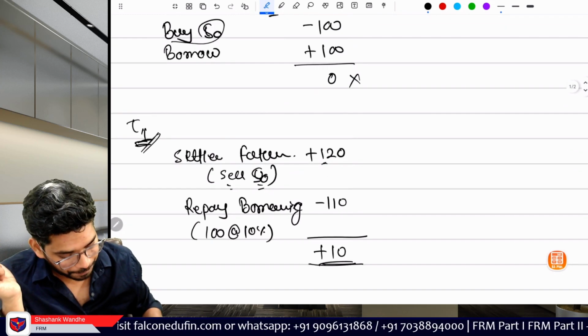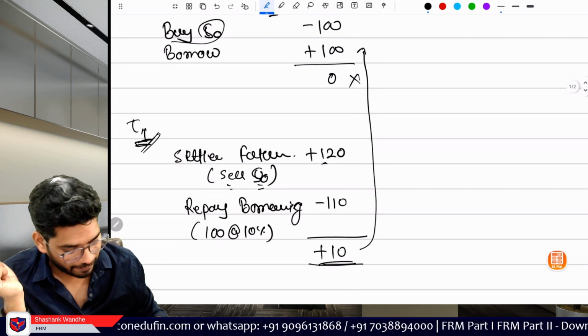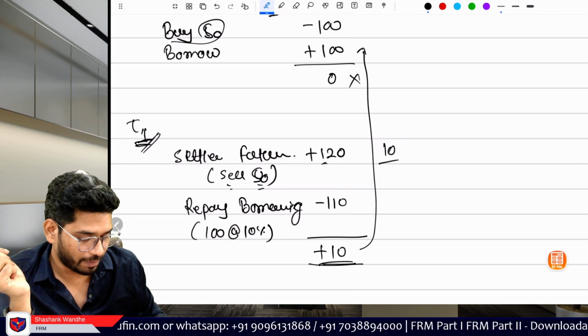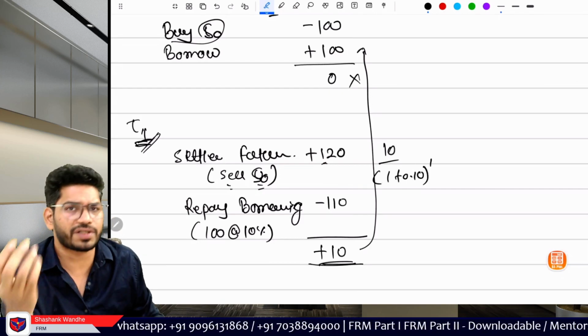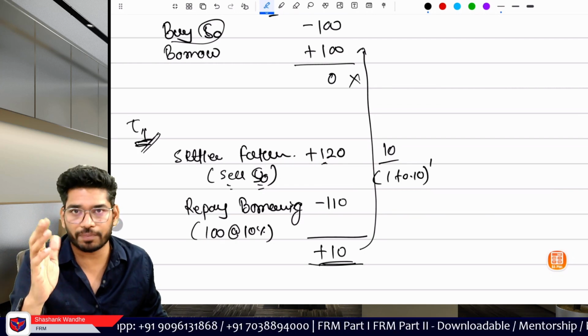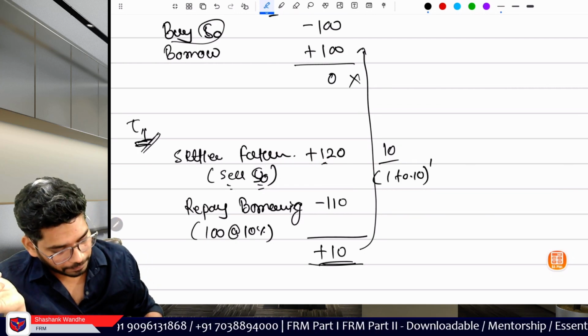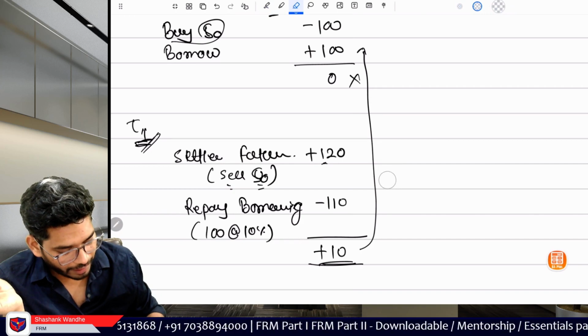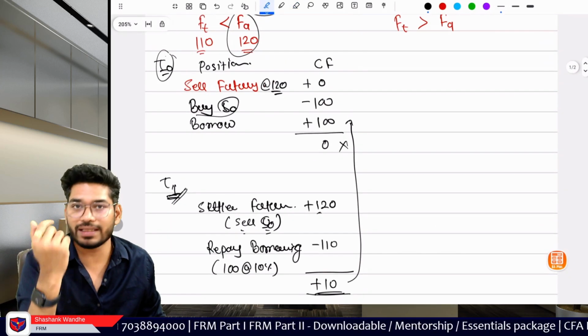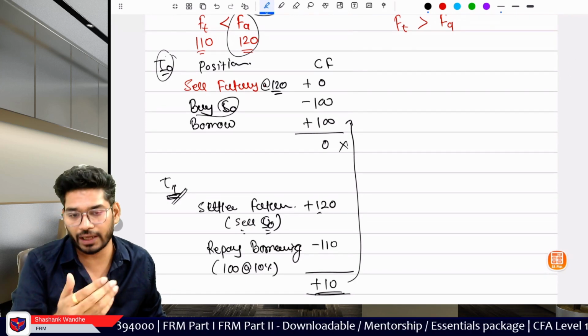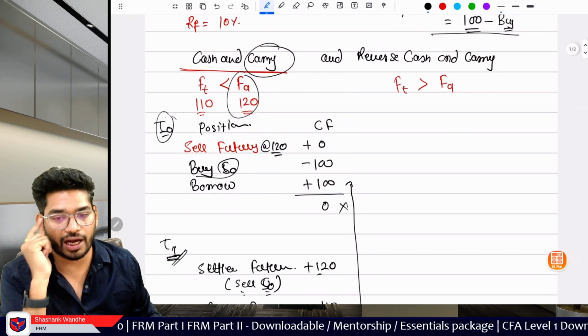At time T0, your gain is simply the present value. This 10 will be discounted by 10% for 1 year, and whatever the answer is, it will be approximately 90 point something. So this will be your gain at time T0. So the gain at time T1 is 10. The gain at time T0 is the present value of 10, simple. And this is your cash and carry arbitrage.